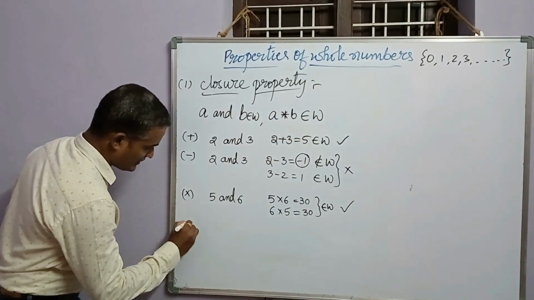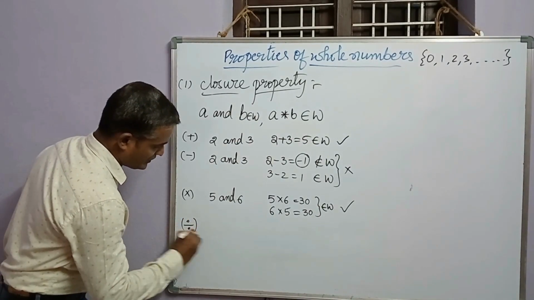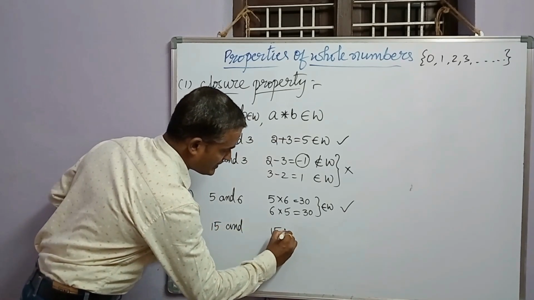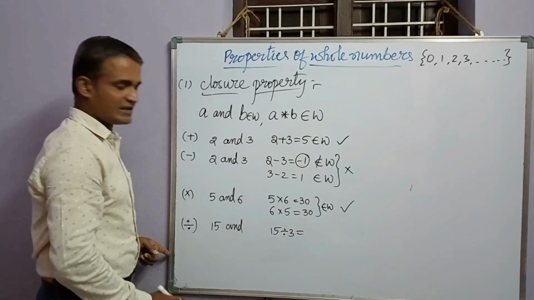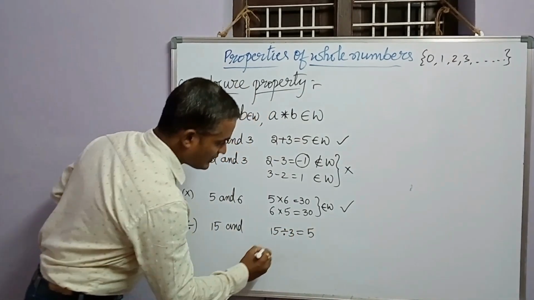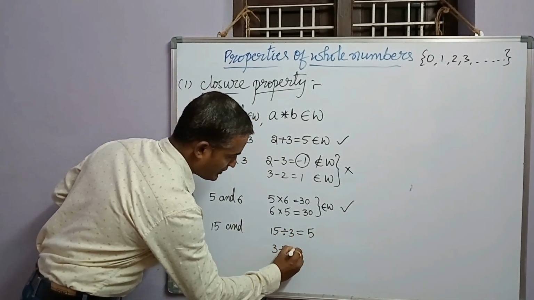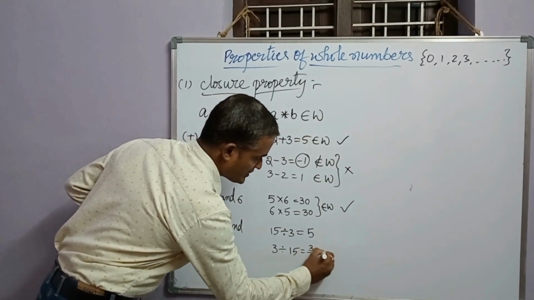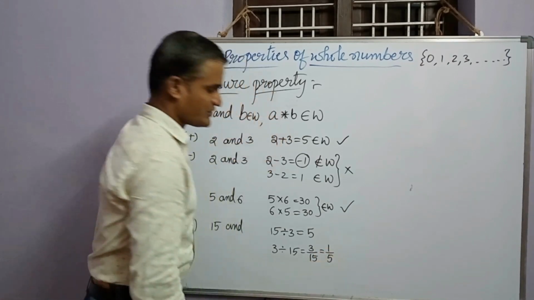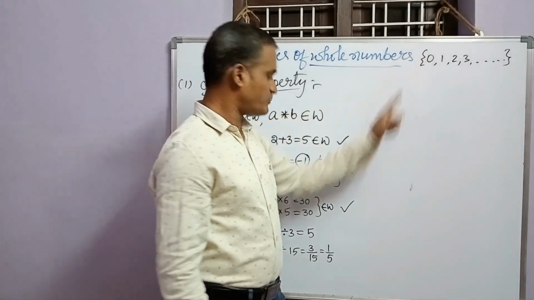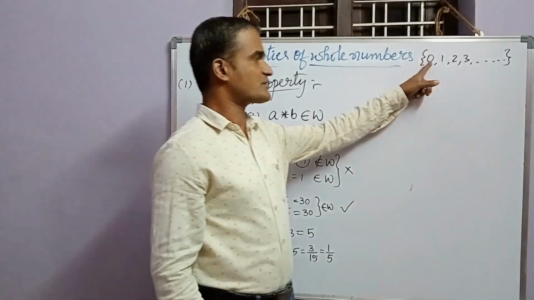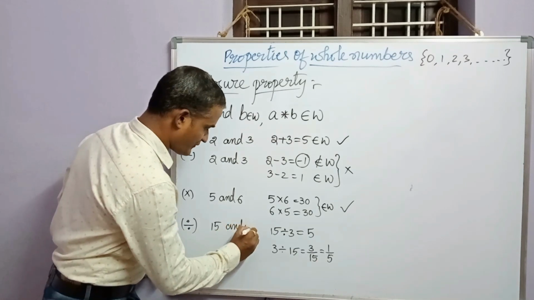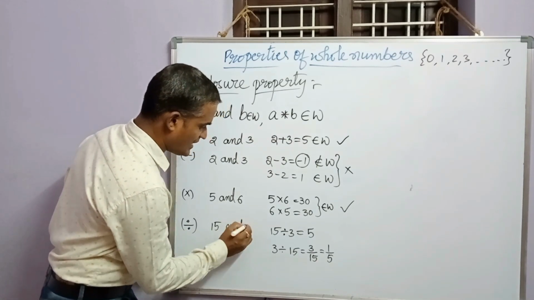Division. Suppose I take 15 and 3. If you divide 15 by 3, the answer will be 5. But if you divide 3 by 15, the answer is a fraction, nothing but 1 by 5. 5 belongs to the whole numbers group, but 1 by 5 does not. You can select any two numbers.